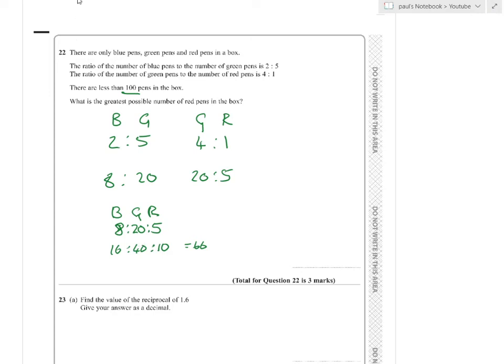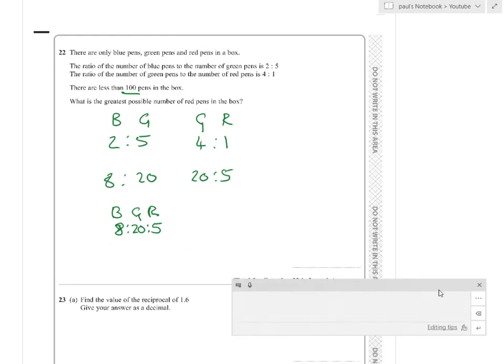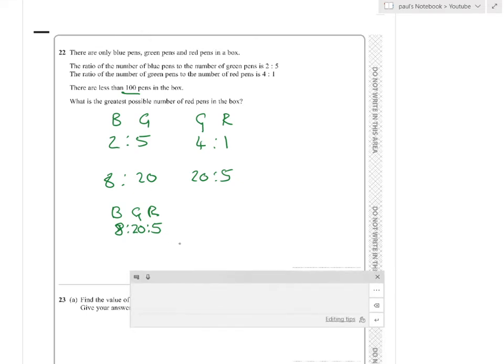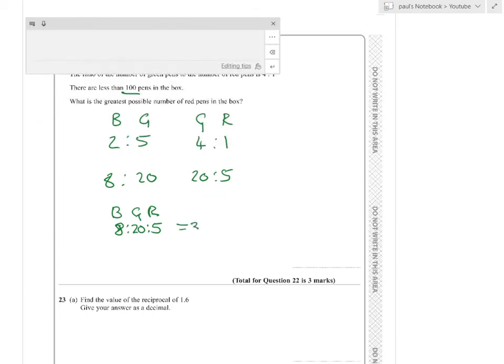Right, let's do this another way. That's just guesswork doing stuff like that. So that's 8, 28, 33. So 33 altogether.